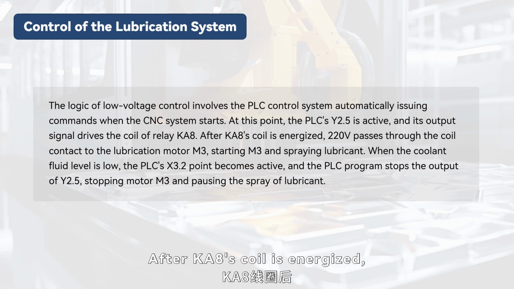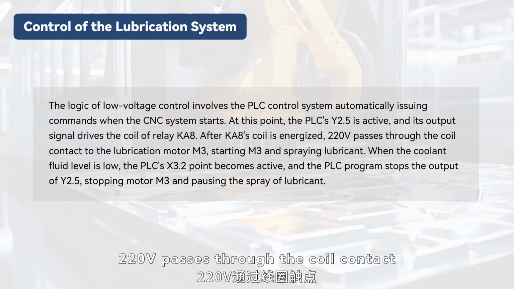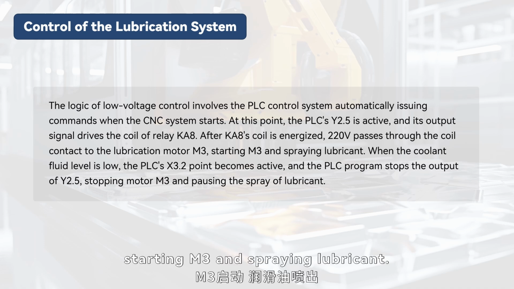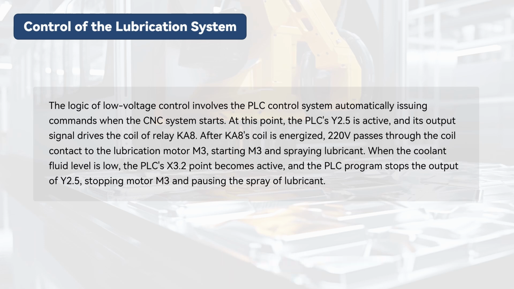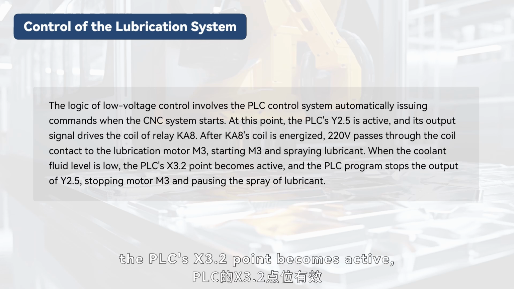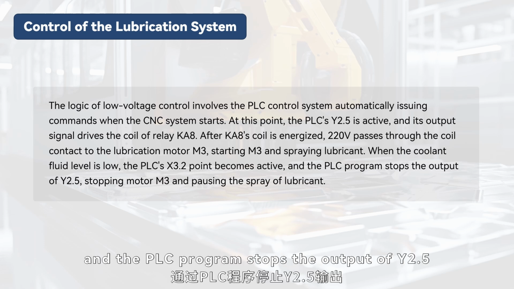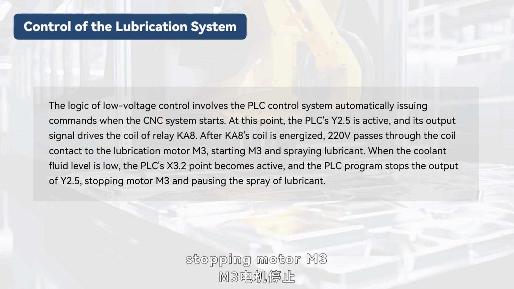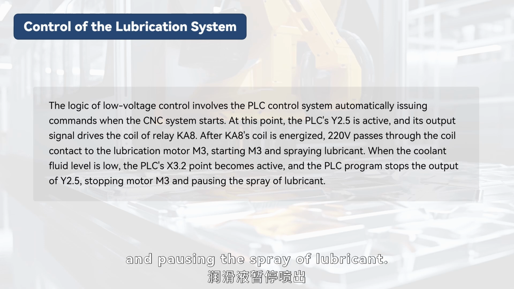After KA8's coil is energized, 220 volts passes through the coil contact to the lubrication motor M3, starting M3 and spraying lubricant. When the fluid level is low, the PLC's X3.2 point becomes active, and the PLC program stops the output of Y2.5. The program has been written, stopping motor M3 and pausing the spray of lubricant.